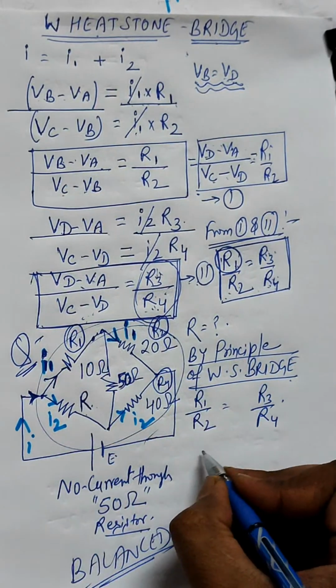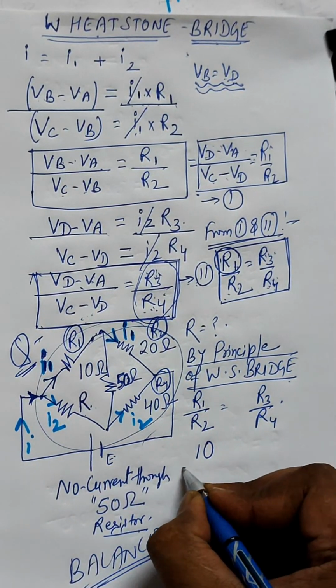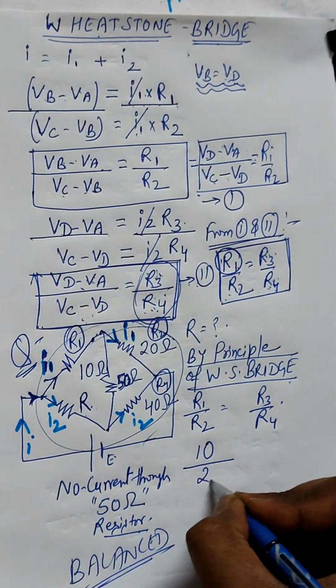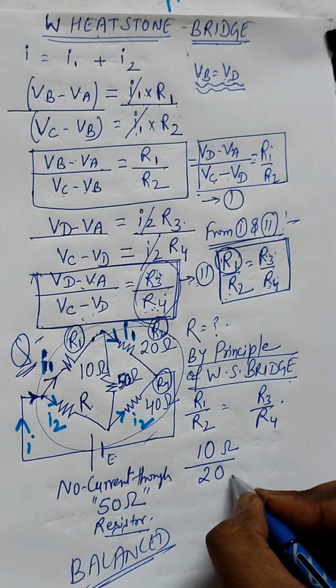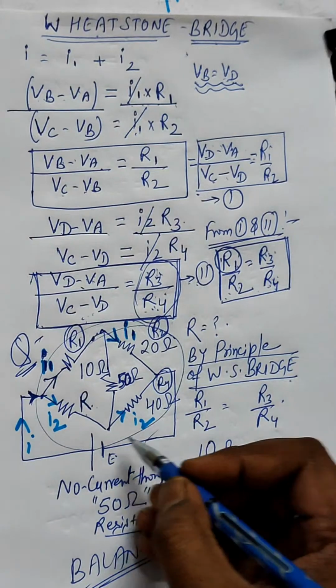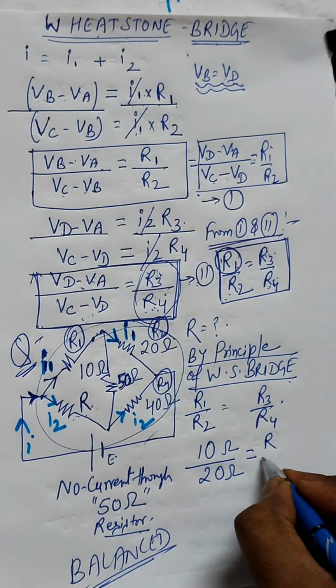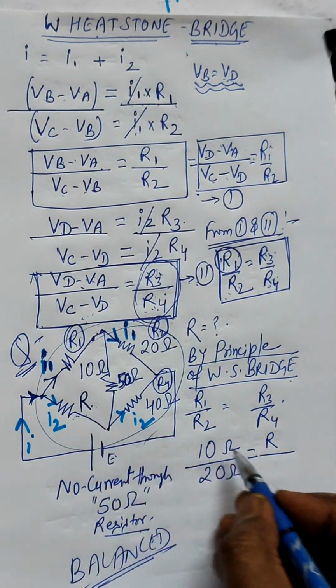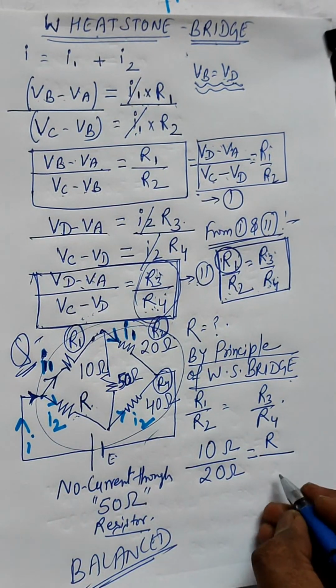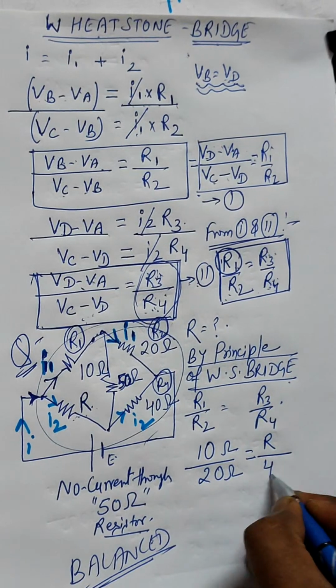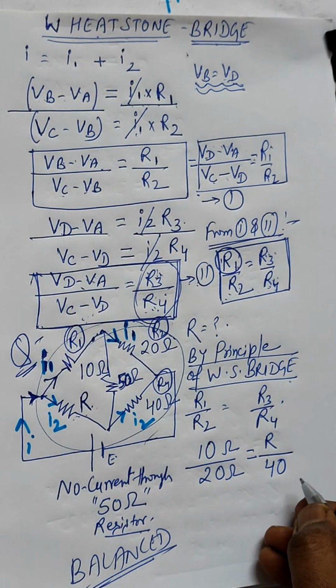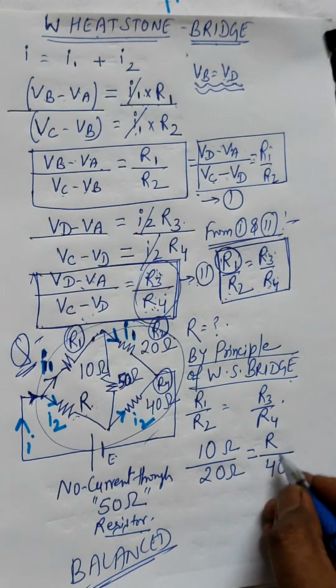R1 is given to you as 10 ohm, R2 is 20 ohm, and R3 is this one which is not known to you, so this will be the variable R, divided by R4 which is 40 ohm. I think this is clear to you.